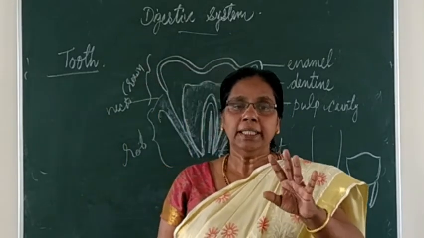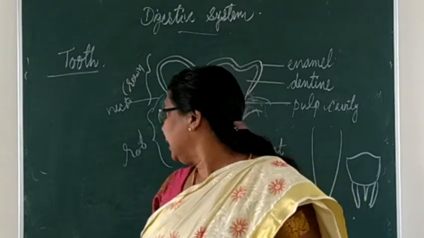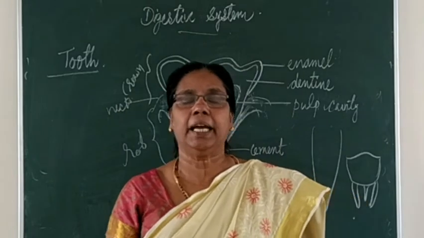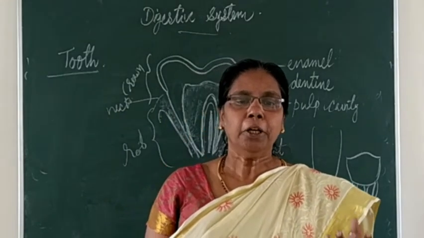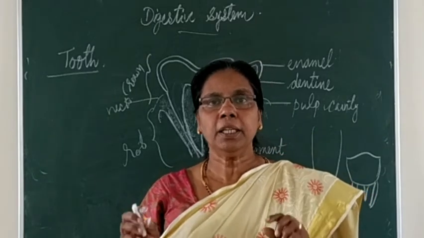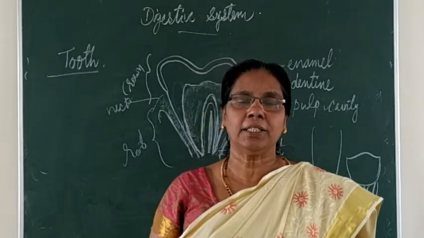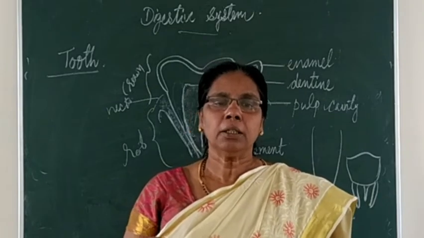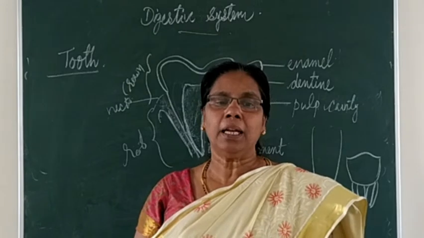Then the neck is a slight constriction between the root and the crown. Between the root and the crown there is a slight constriction, and that is called what? Neck.